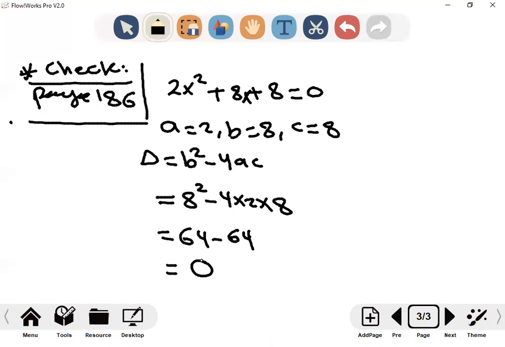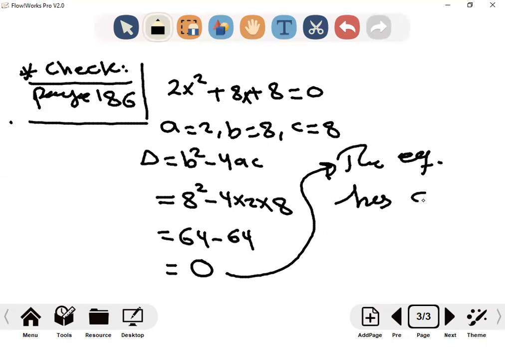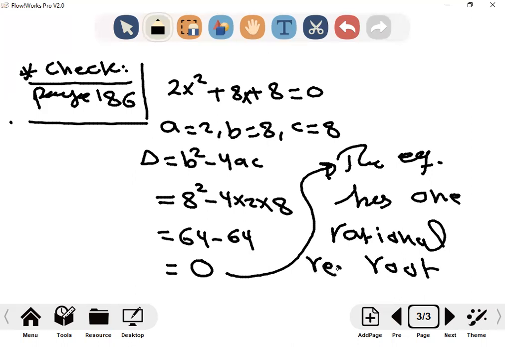So here we say the equation has one rational real root, negative 2, right? Done?